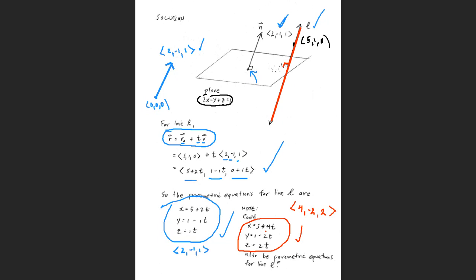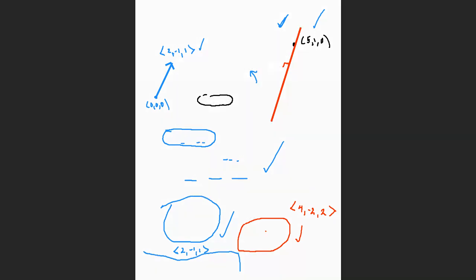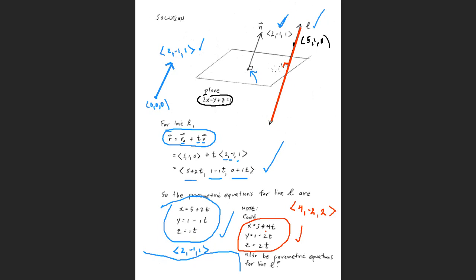But the vector (4, -2, 2) is parallel to the vector (2, -1, 1).